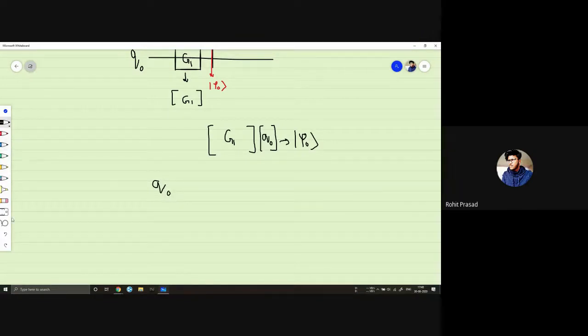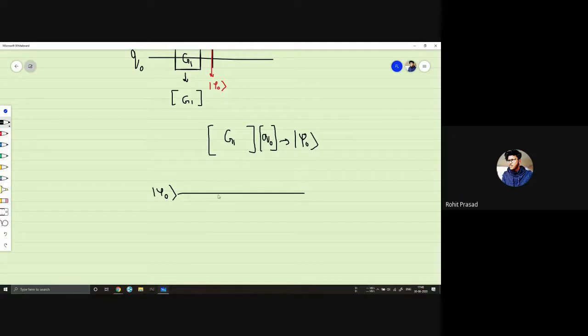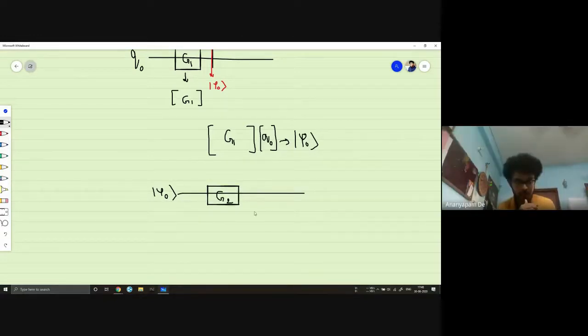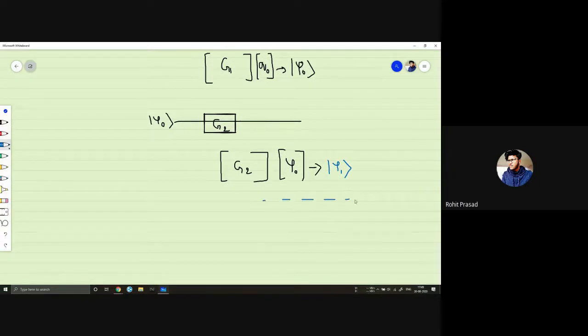Now let's start with psi naught on Q0 and put a gate G2. G2 will act on that psi naught and give something like psi 1, and things will go on like that.